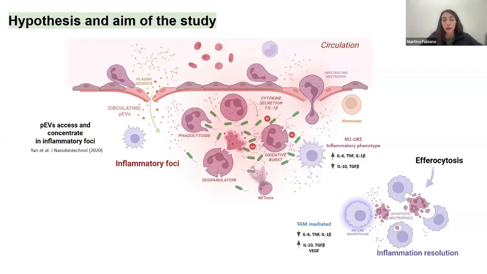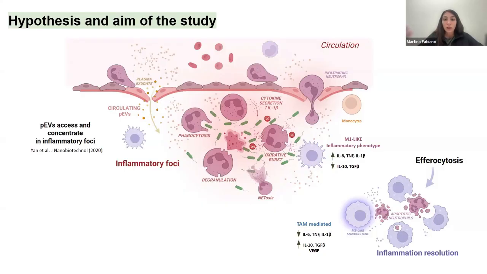And they also secrete different cytokines, for example, IL-1 beta, and this also needs to be tightly regulated because otherwise it will lead to tissue damage, as Alan said before.